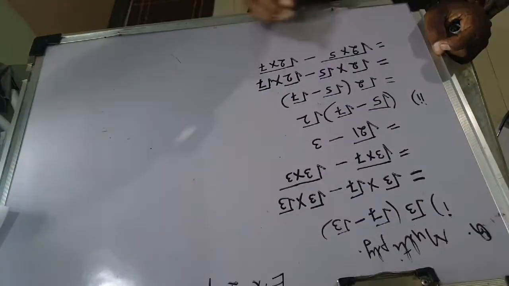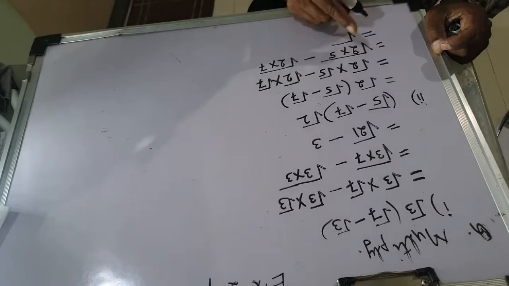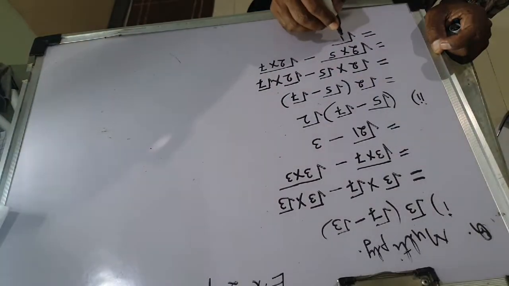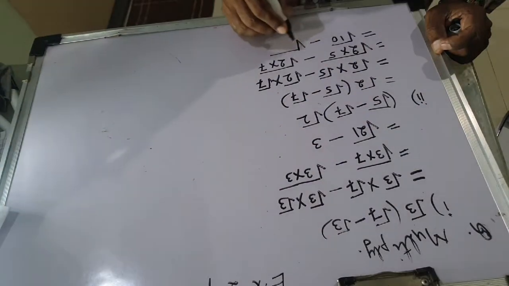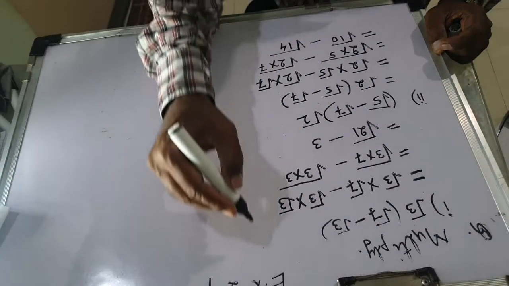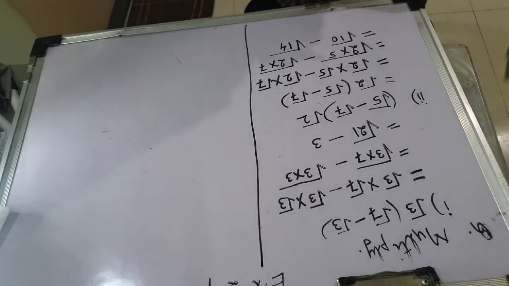So this is equal to root of 2 into 5, that is root of 10, minus root of 14. This way you can solve the sums.